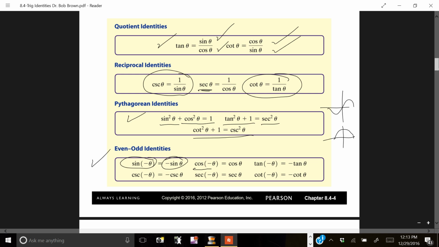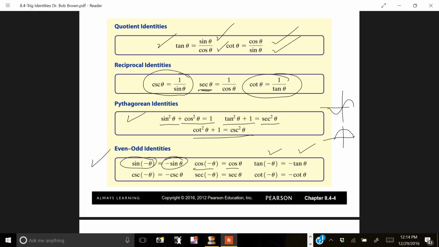So the cosine of minus theta is the same as cosine of theta. The tangent function is just like the sine function in that it is an odd function. Tangent of minus theta is equal to minus tangent of theta.